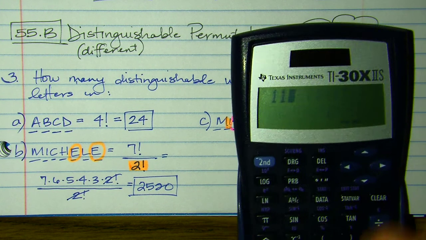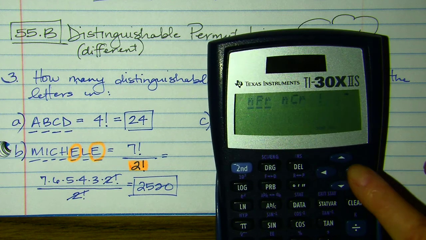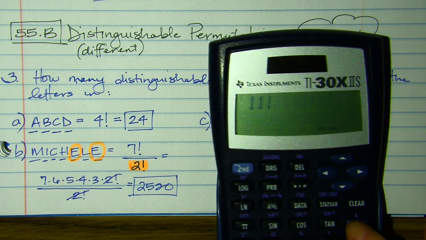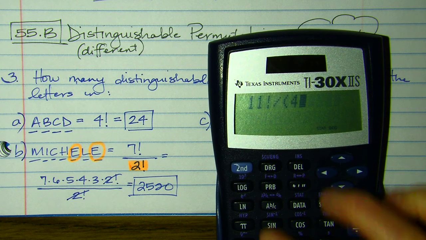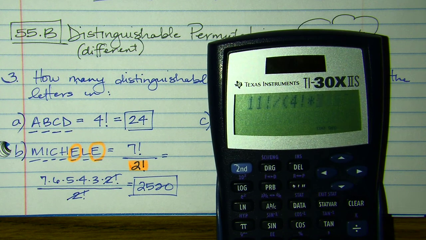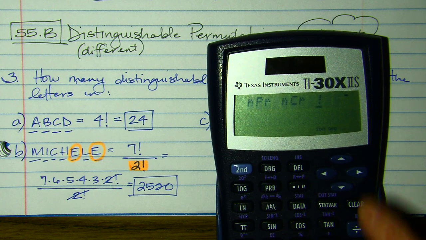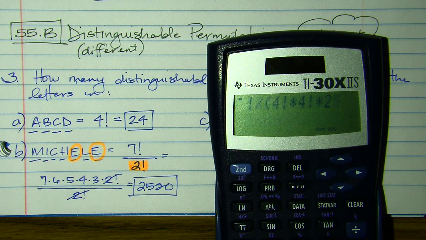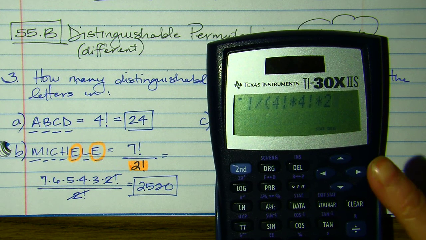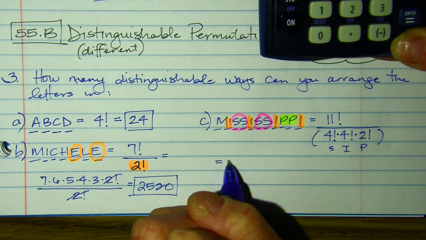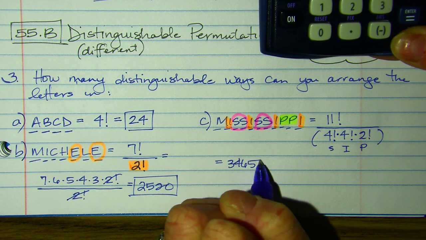So 11 and then probability, factorial, divided by, now in parentheses I have to do 4 factorial times 4, don't put 8, you can't add them, okay, they're not like terms, times just 2, right, because that's 2 times 1, I don't need to go searching for a factorial. And so I end up with 34,650.